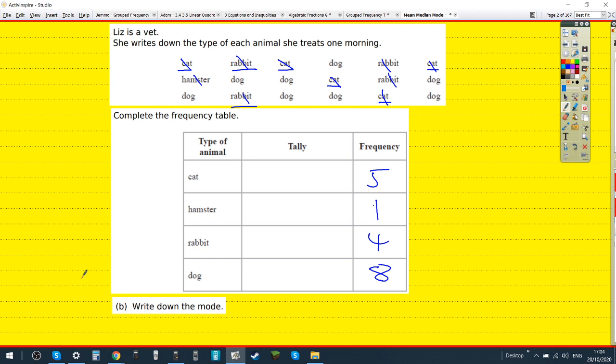Any idea what the modal pet is? So what pet is the most common?